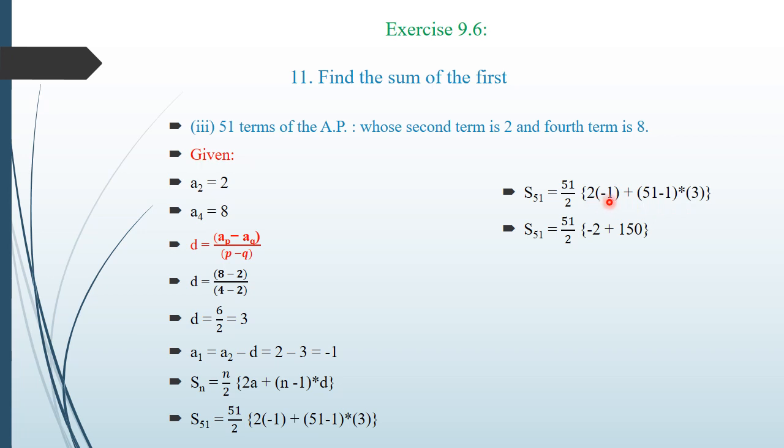That will be 2 into minus 1 is minus 2. 51 minus 1 is 50. 50 into 3 is 150. 150 minus 2 is 148. 51 divided by 2 into 148, that is 51 into, I'll cancel this 148 divided by 2, which I'll be getting as 74. So when I multiply 51 with 74, I'll get the answer as 3774. That is the sum of first 51 terms of this AP.